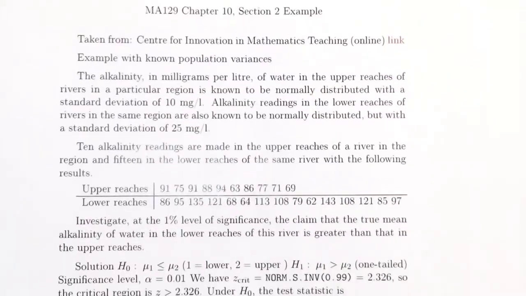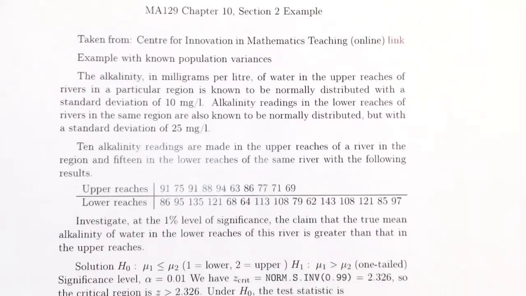So I said, okay, apparently I made 1 the lower and 2 the upper. And I want to know if the water in the lower reaches is bigger, so the alternate is mu1 is bigger than mu2. If that's my alternate, that's a right tail test.